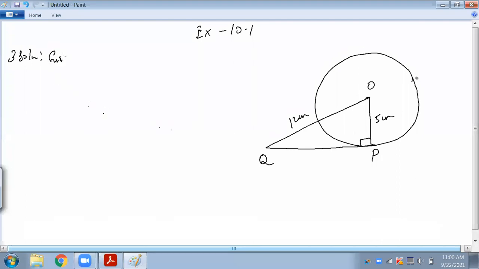Okay, so given is what? A circle with center O. Whenever there is a circle, we have to mention the center.